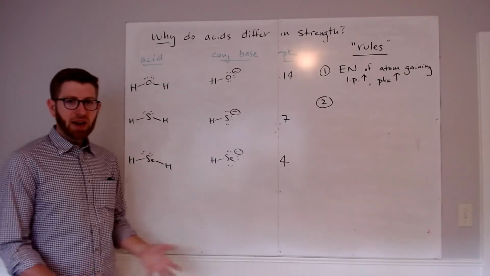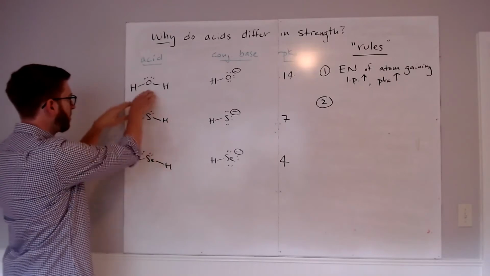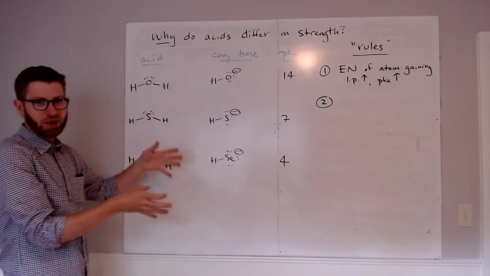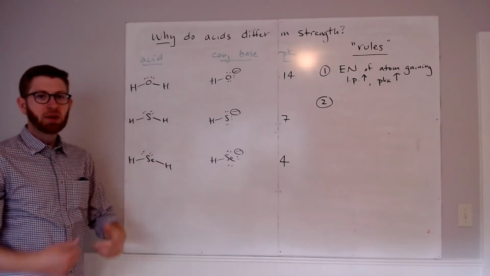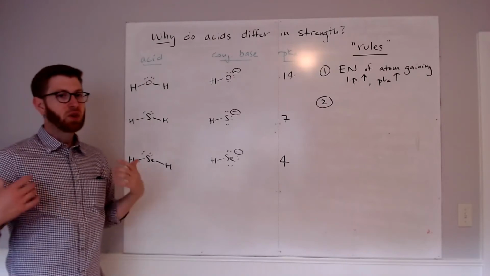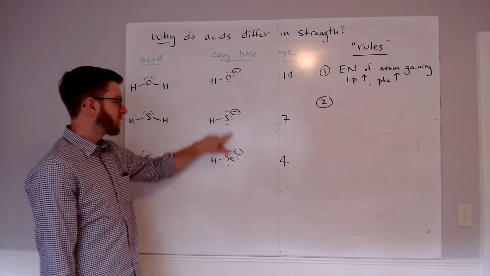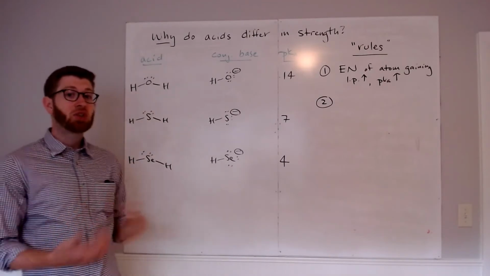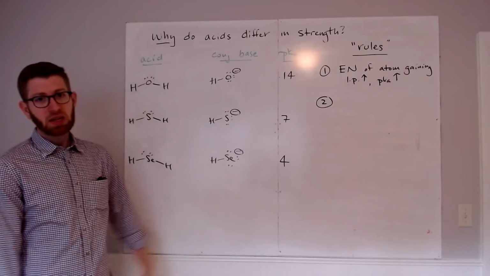So we're back to the drawing board about structural variables. Here all three of our molecules have two hydrogens to start and one hydrogen in the conjugate base. So that's a wash. They all have the exact same number of lone pairs, so that's a wash. All we're left with is the nature of oxygen versus sulfur versus selenium, and we just rejected electronegativity as a tool to explain what we're seeing in the data.